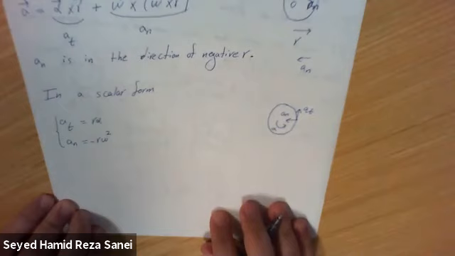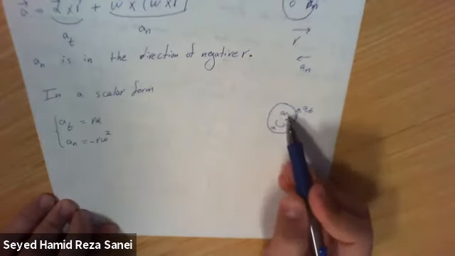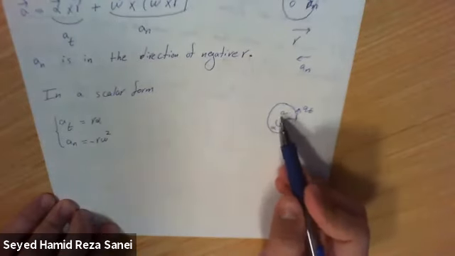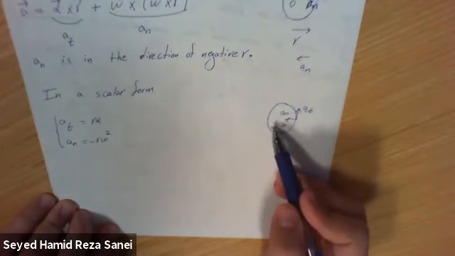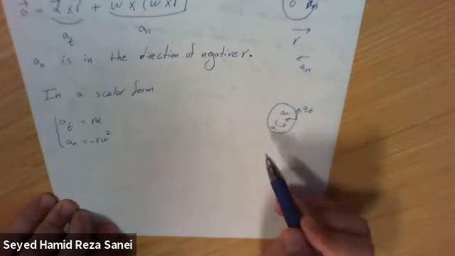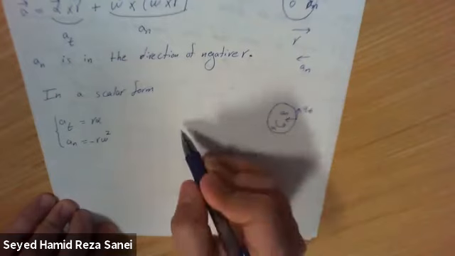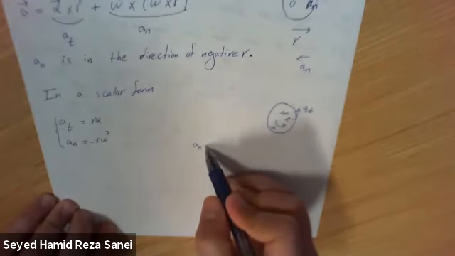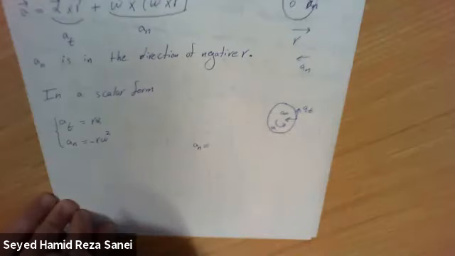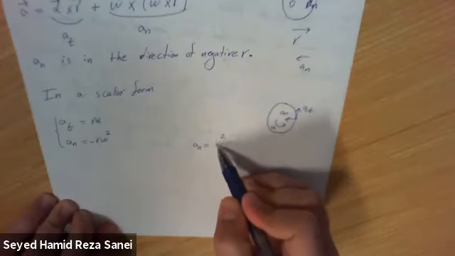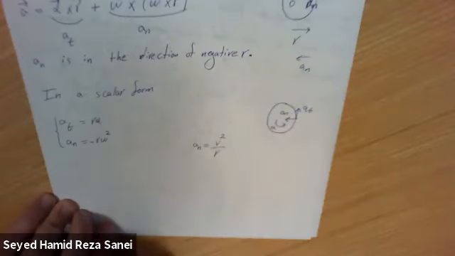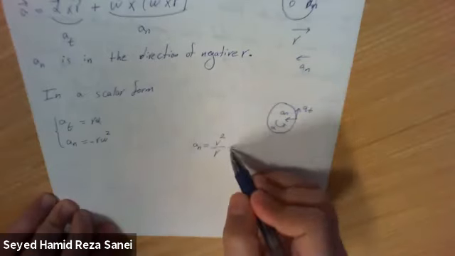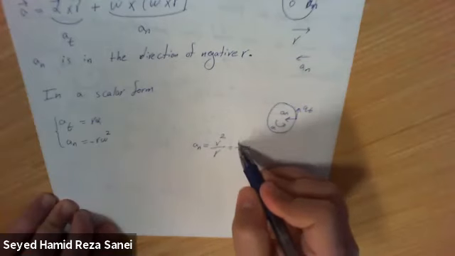The normal component of acceleration is very similar to the acceleration that we developed previously for tangential and normal coordinates. Do you remember the centripetal acceleration? It was v squared over r. And what is v? v is r omega.